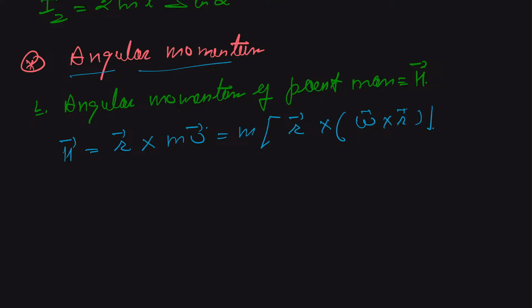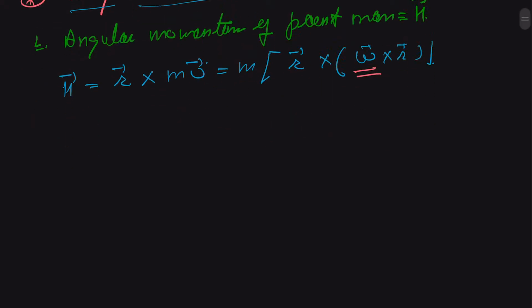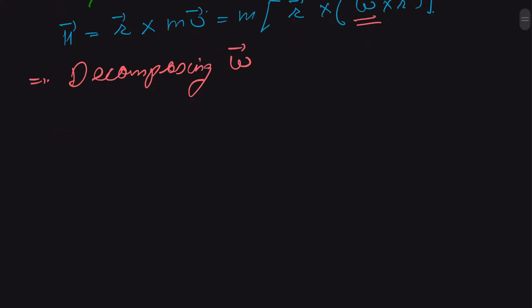And we can divide, or we can say decompose, the omega along the rod and perpendicular to the rod. So we can say that decomposing omega into its components, we are going to have two components.